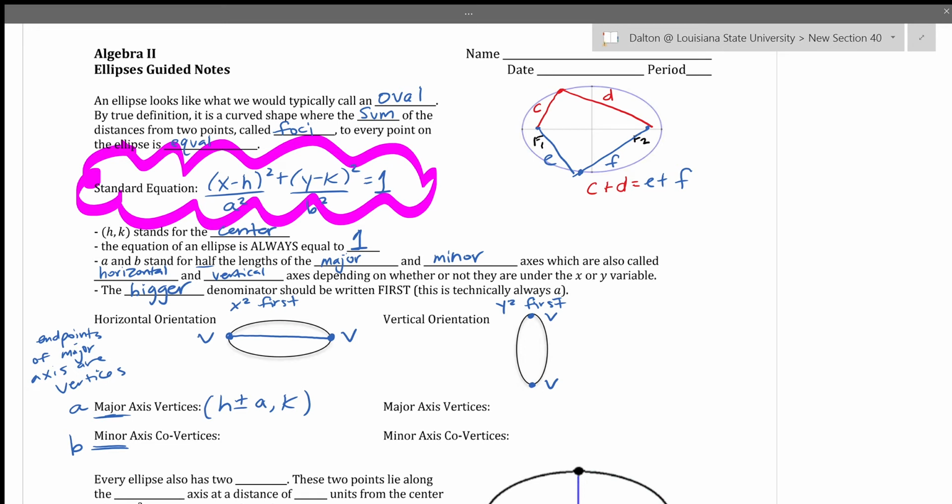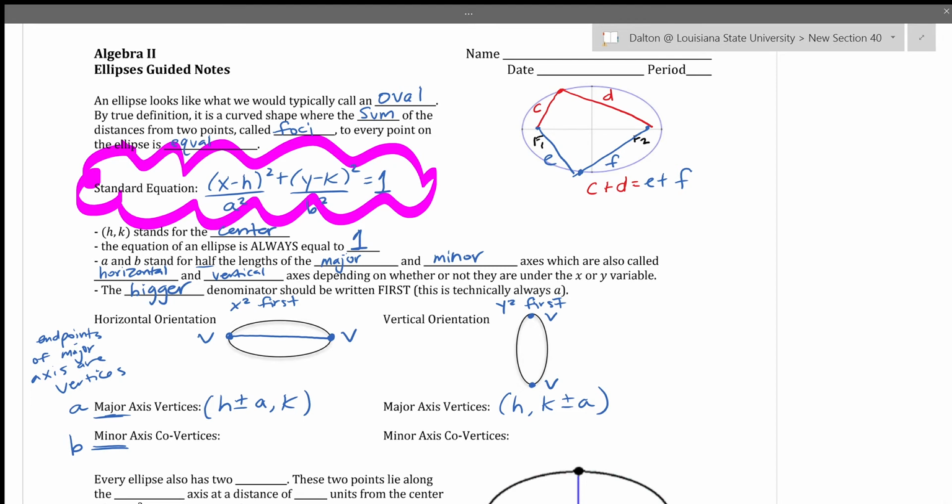And same thing with the vertical orientation, except since it's stretched more in the y direction, then we're going to have h and then k plus or minus a. So the main difference is, where do you add the a? In the horizontal orientation, you add the a where the major part is stretched, in this case to the x. For the vertical orientation, you add the a to the part that's stretched more, which is the y.